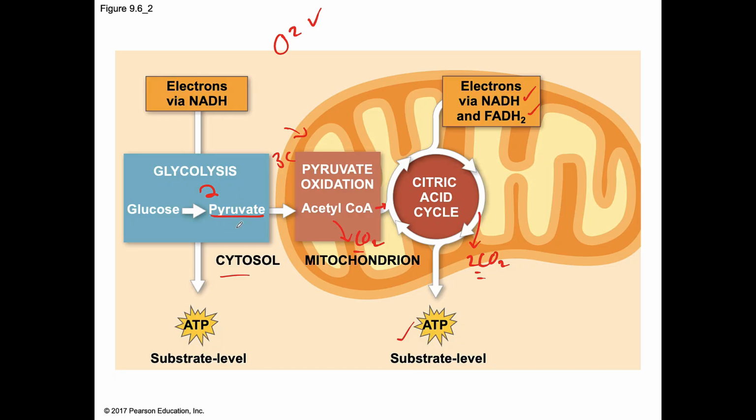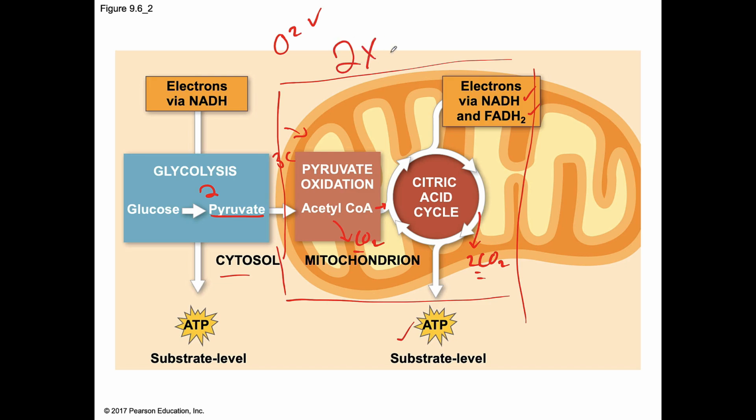Remember though that we made 2 pyruvates in glycolysis. So the entire process of pyruvate oxidation and the citric acid cycle is going to happen 2 times per glucose molecule, because it does 1 citric acid cycle for each pyruvate. Because we made 2, this whole thing is going to happen twice for each 1 glucose.